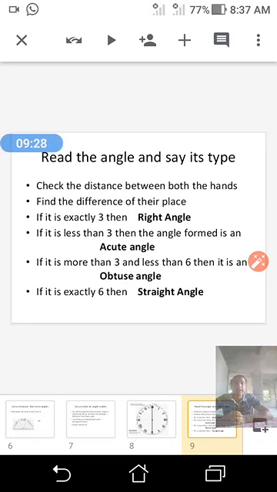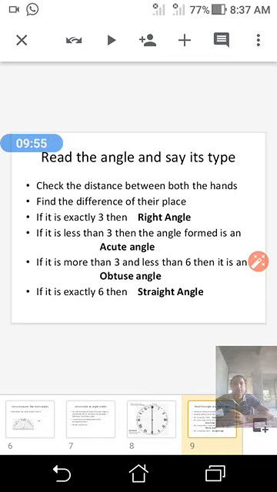To check the distance between both the hands, when we see the angles formed by the clock hands on a clock, we should check the distance between both the hands. Preferably, always try to check the distance between the hour hand to the minute hand.